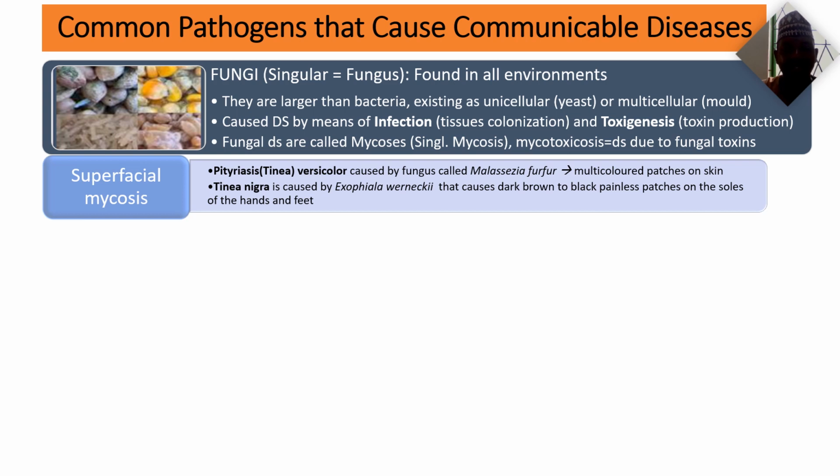However, the fungi generally colonize the skin surface, destroy the skin pigment, leading to formation of many colored patches on the skin. An example of this is pityriasis versicolor or tinea versicolor, which is a fungal disease that is caused by a fungus called Malassezia furfur.